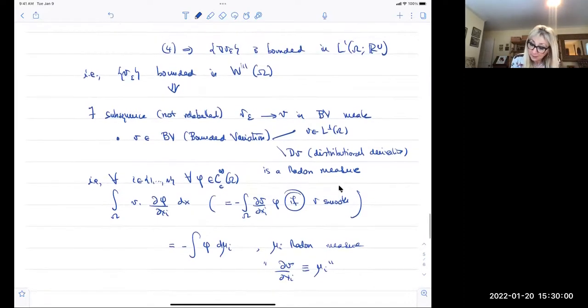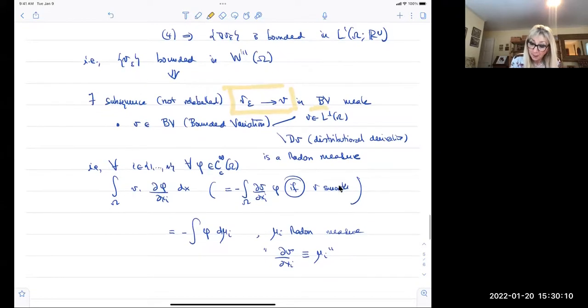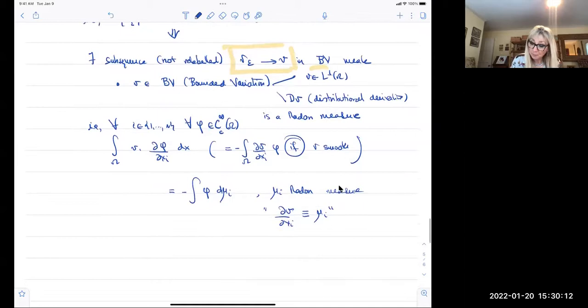But the point is that there is a notion of convergence here. I know that my target is going to be a BV function, which is a nice function. And the good news about this convergence, so maybe I should tell you what this BV weak convergence is, means two things.